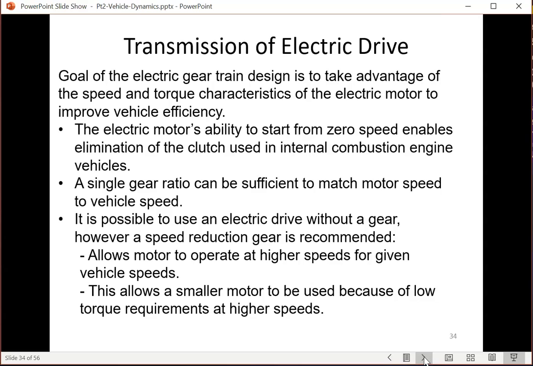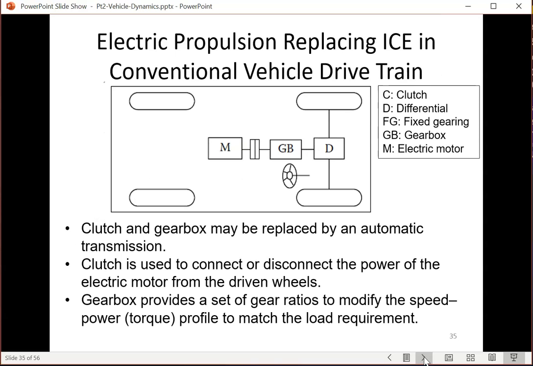Okay, so there are some general issues here, but if we look at the general evolution of the use of electrical motors in road vehicles, it actually went through several steps.